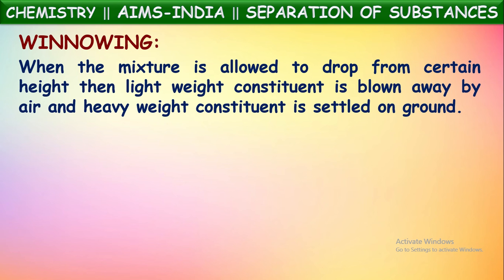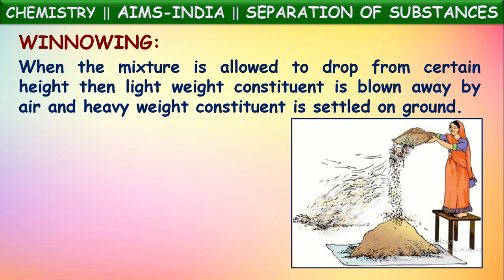So what they do in that, when the mixture is allowed to drop from a certain height, then the lightweight constituent is blown away by air and the heavyweight constituent, that is grain, settles on the ground. So after threshing, what happens? Along with the grain, certain husk also will be mixed into the grain. So for the separation of this husk, they will take the mixture of grain and husk into a plate.